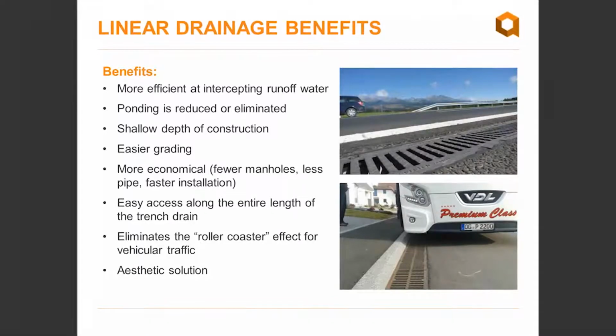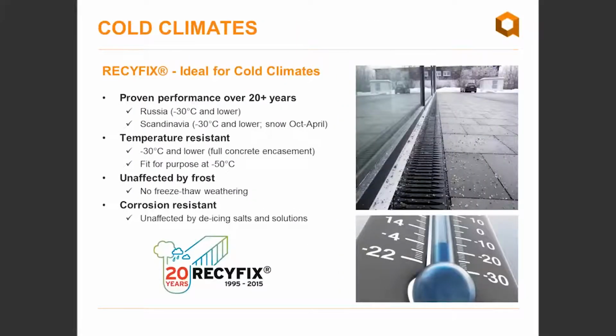Since we had several questions in the first webinar, again, concerning the performance of trench drain in cold season, we prepared a couple of slides to demonstrate the performance of those trench drain systems. So here we talk about the Recifix, which is the system we promote, where the body is made of composite, but it can also apply to other material trench drain.